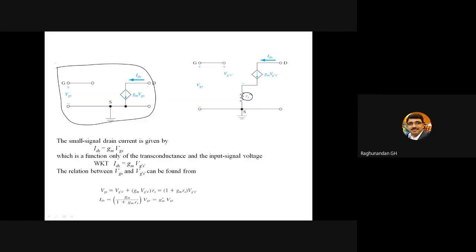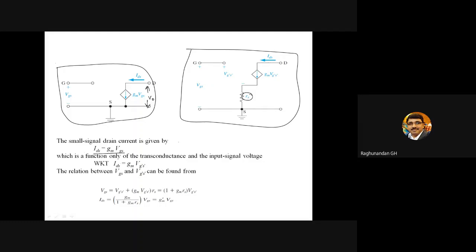So if you want to get the output V naught here, there should be some resistance. That's why we add one resistance called RS. Now this circuit will be the ideal equivalent circuit. So now we write the equation for IDS.